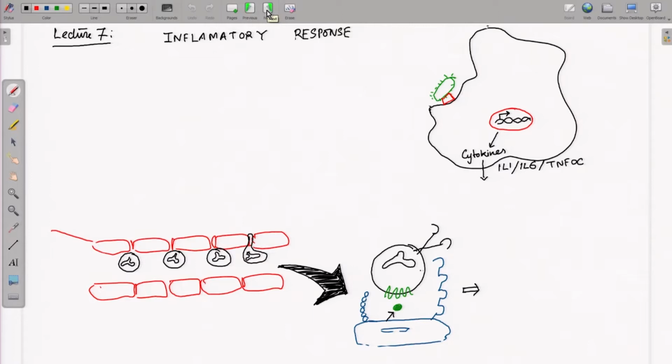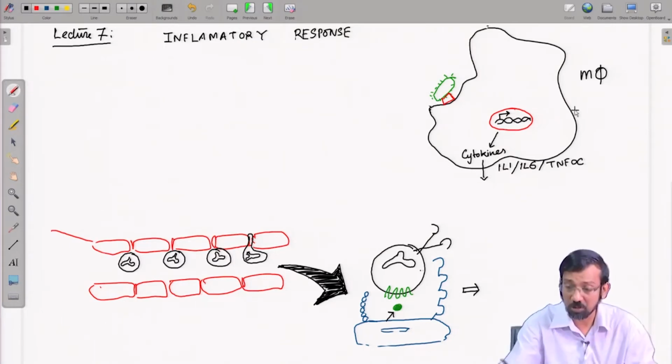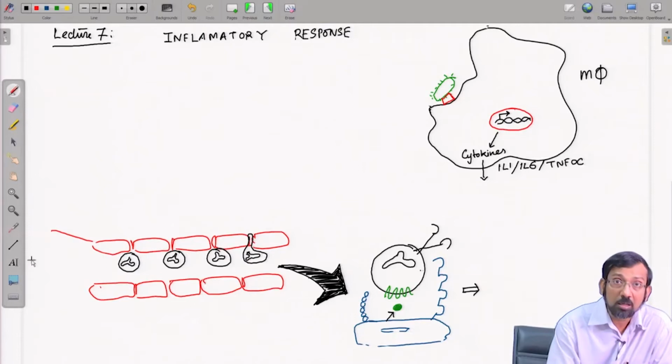From the last class we have seen that the tissue macrophage, or the antigen presenting cell, has already engulfed or phagocytosed a bacteria or a pathogen and has started secreting the cytokines. These are the cytokines that are secreted as an immediate response after internalization of the bacteria. This is an activated macrophage on the right side.